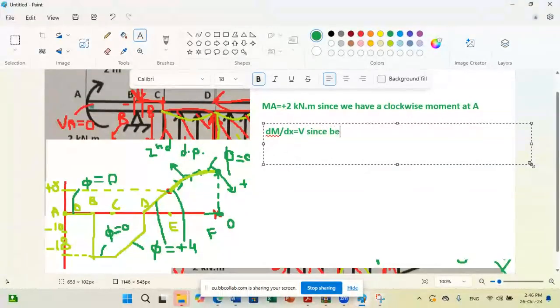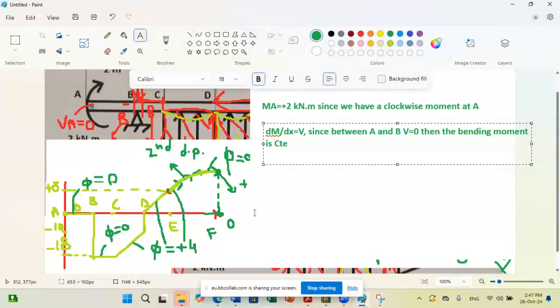Since between A and B, V equals 0, then the bending moment is constant between these two points.